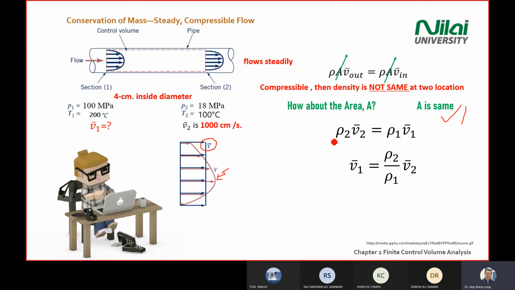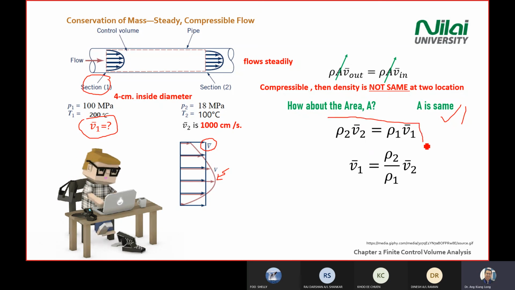And then you can rewrite, because we are interested to find what is happening for your section 1 velocity. You can rearrange this equation into a simpler equation. So in this case, you have V1 equal to rho 2 divided by rho 1 times V2.